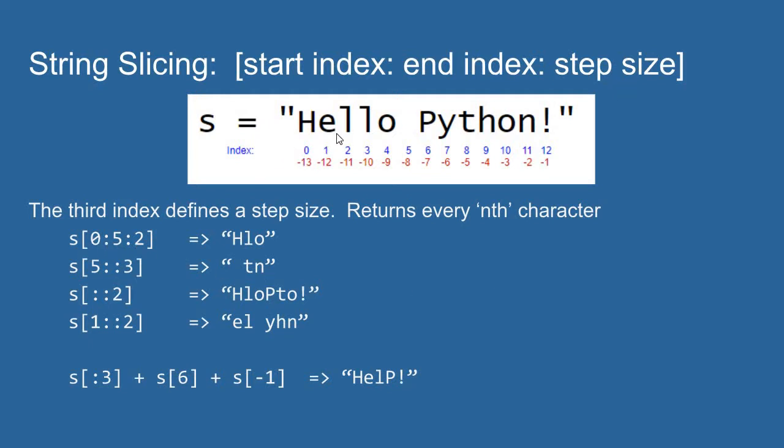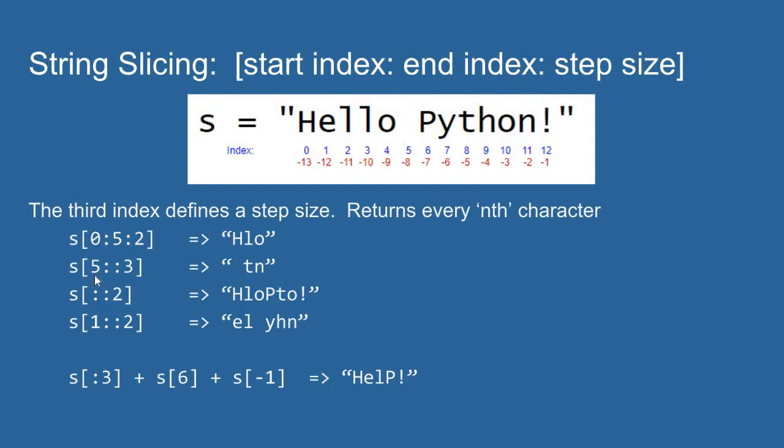If I want to slice starting at index 0, that's H, and I want to slice up to index 5, so H up to the space, but not including the space, and I want to take every second character. So the characters I'm going to return here are capital H, skip the E, capital L, skip the second L, lowercase o. Did I say capital L? I meant lowercase l. So H, L, O.